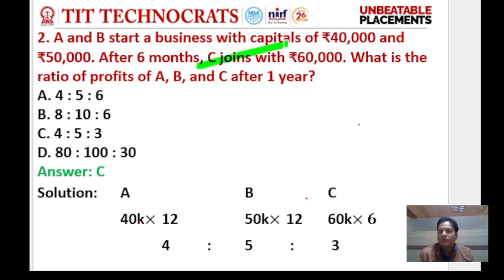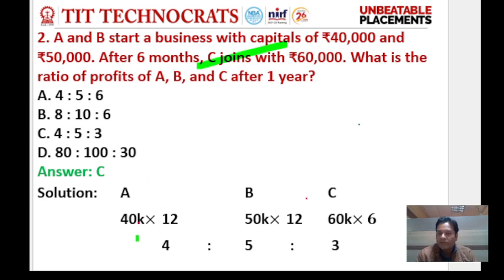So we can say A and B are engaged for 12 months and C engaged for 6 months. When we make the ratio of their profit, it means the ratio of their capital into time.